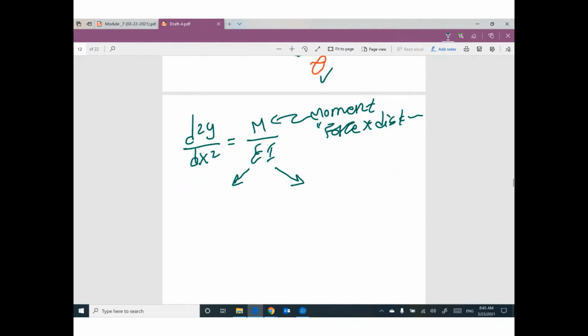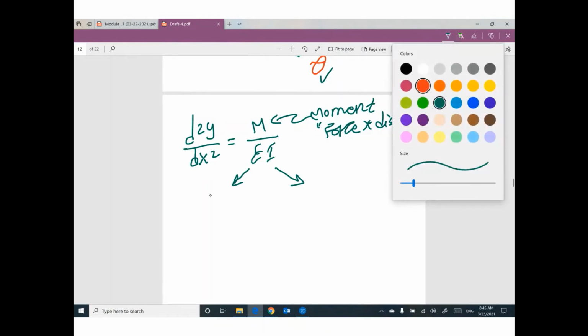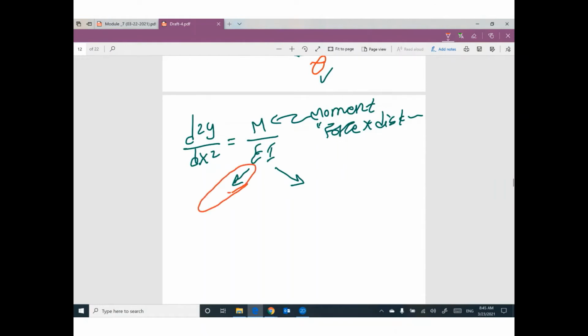That means you passed the mechanics of material course with Dr. O. So anybody can tell me what is the meaning of E? I will tell you, Young's modulus, or sometimes modulus of elasticity.